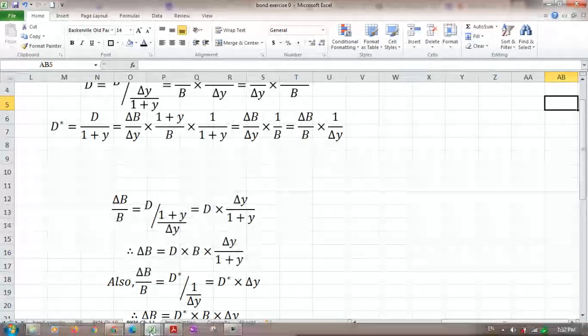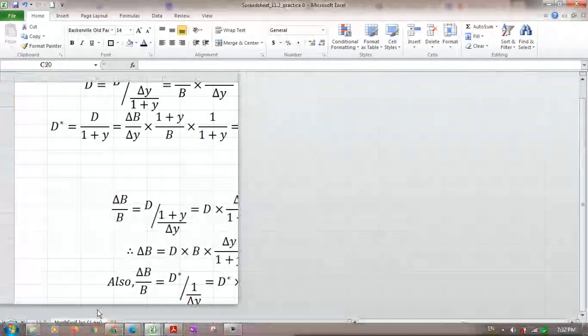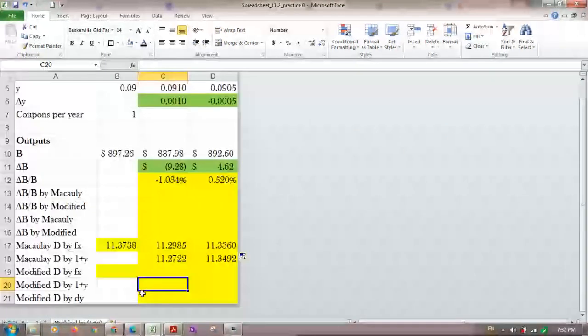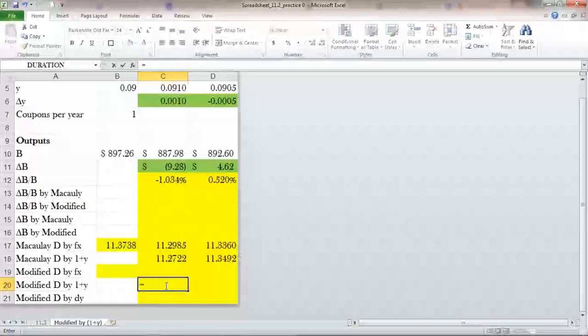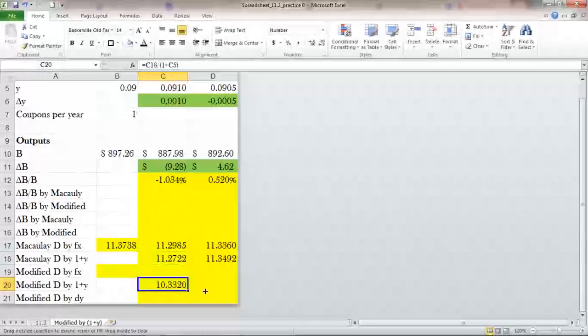So let's find modified duration using. So we have Macaulay duration, and we divide it by 1 plus y. So here's y, right? Then I drag it to the right. Okay.